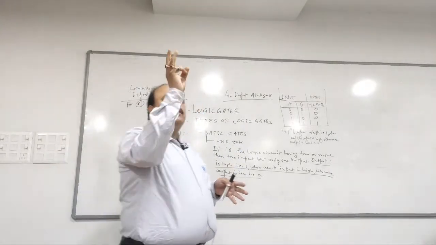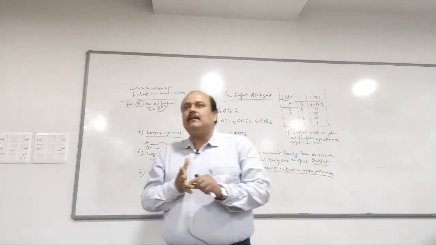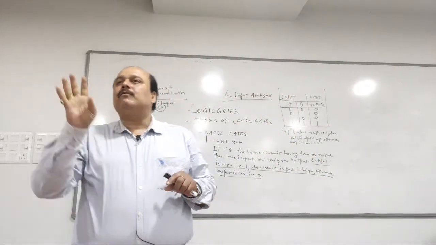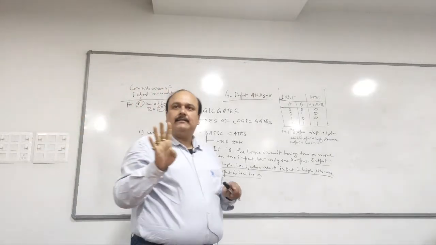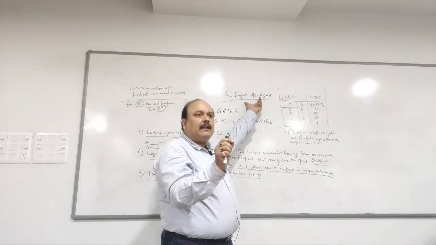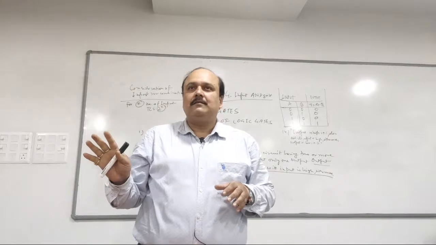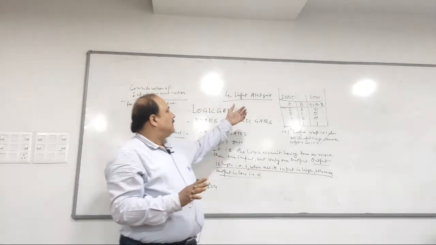Check out the logical symbol, logical expression, as well as the truth table for the 4 input AND gate. Whenever you write the name of a gate, write it in capital letters, not sentence case, because it represents the specific gate.